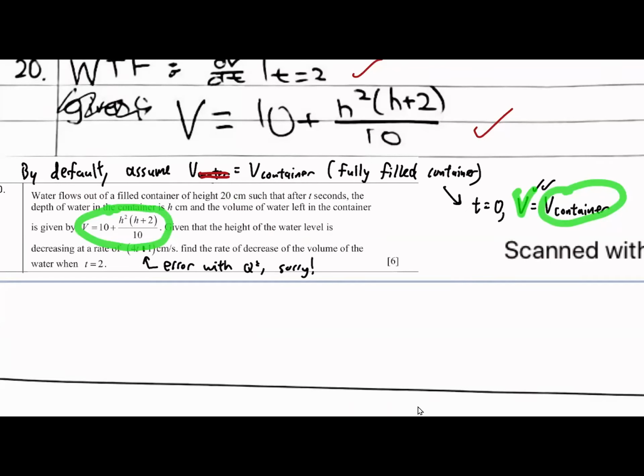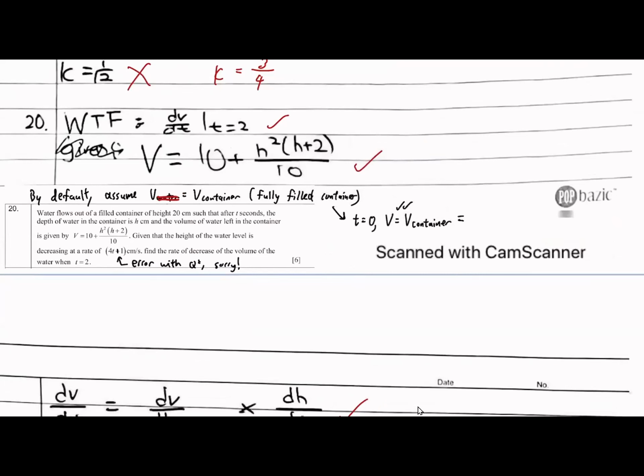So when t equals 0, H you can start with 20. When you sub in H equals 20, then you get V when t equals 0.